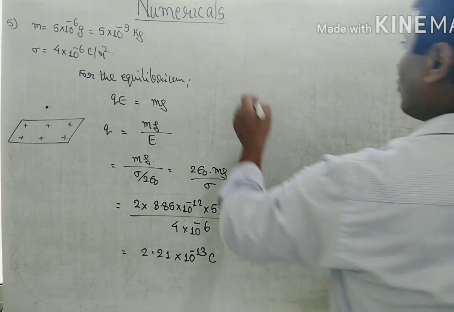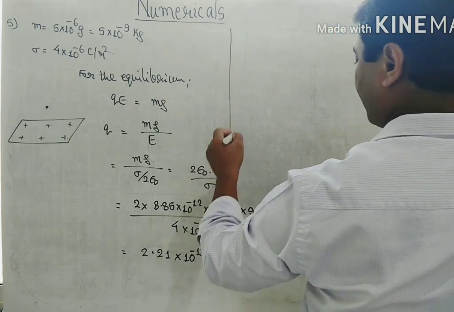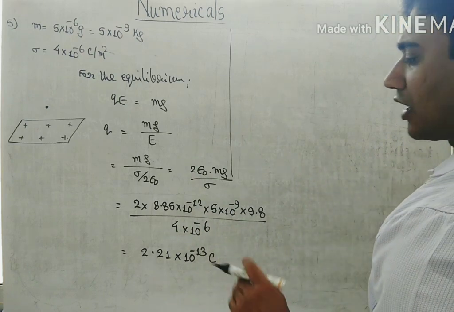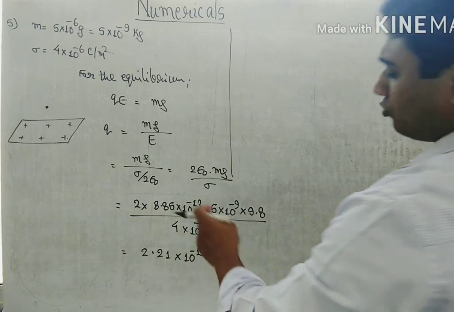Okay, so now let's move on. The second part of this question is demanding from us how many electrons are to be given to make this charge.